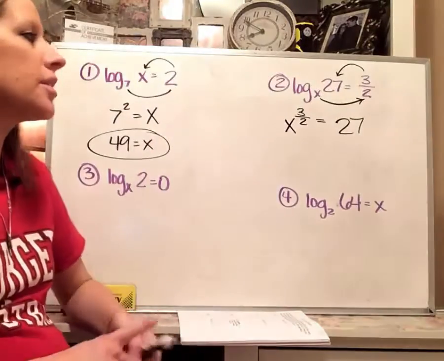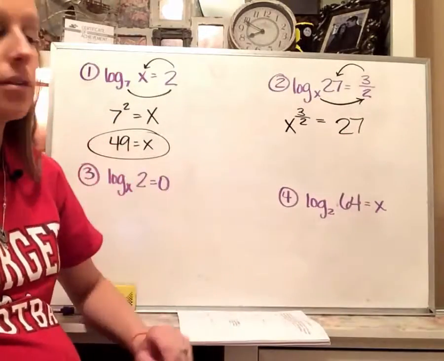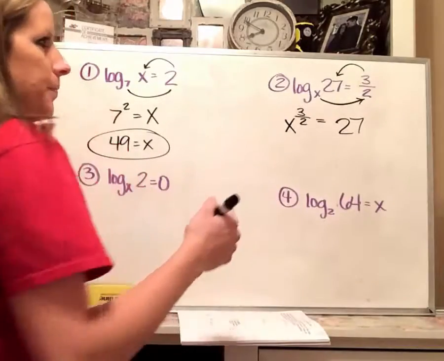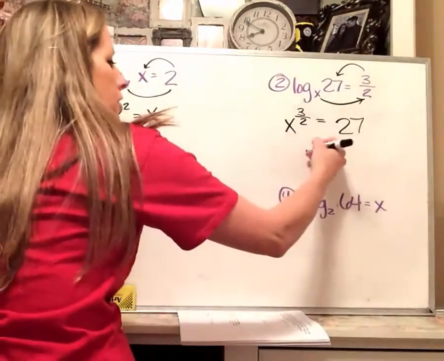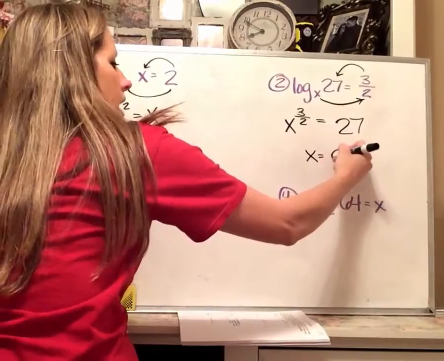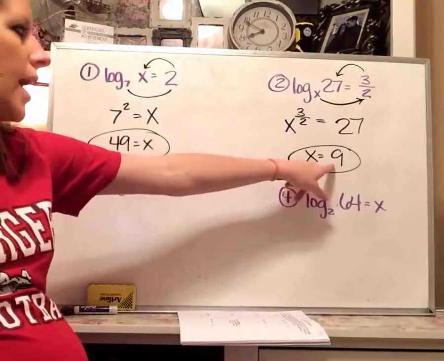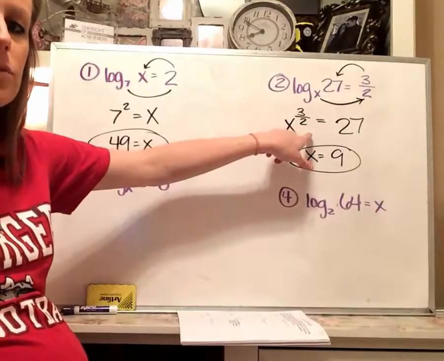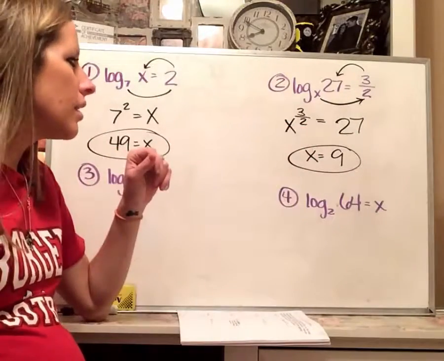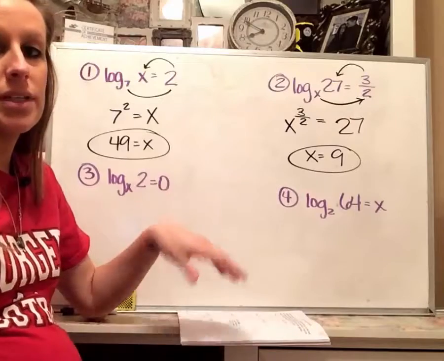Just keep trying numbers until you get 27. Okay, and so you keep putting in numbers, you should get to where x is 9. So go ahead and check me on that. Put in 9 caret 3/2 power.